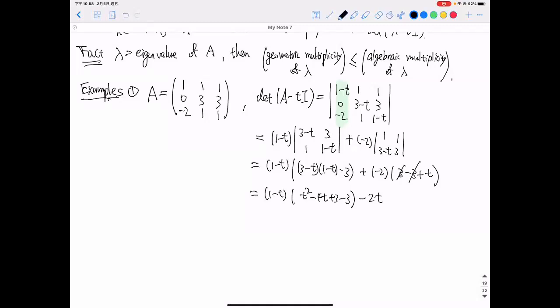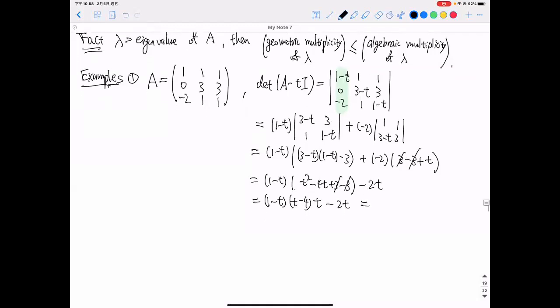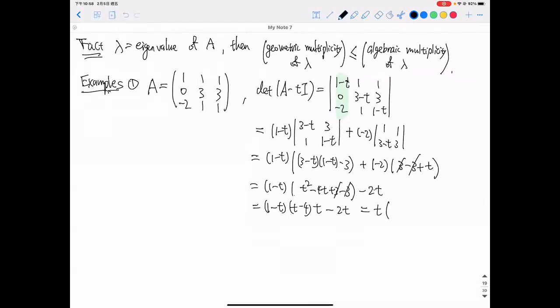Then you can factor out the t. You have t times (1 minus t)(t minus 4) minus 2, which is t times (t minus 4 minus t squared plus 4t minus 2).